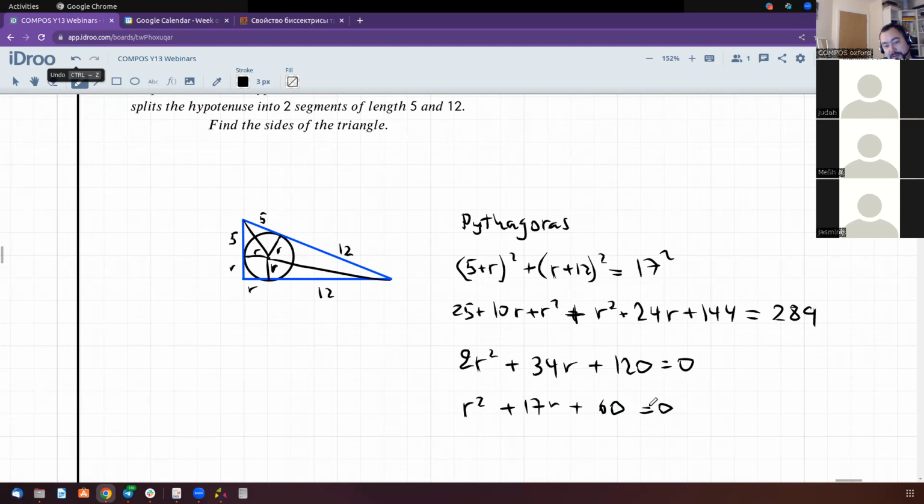So multiply to 60, add to 17, is that 20 and 3? Well, that would be very convenient. 12 and 5. R plus 5, R plus 12 equals 0.